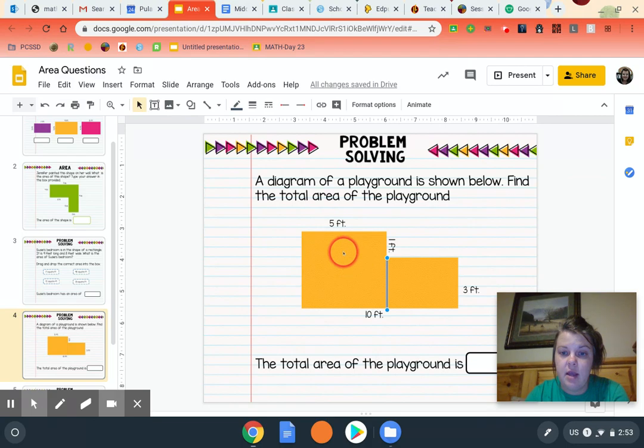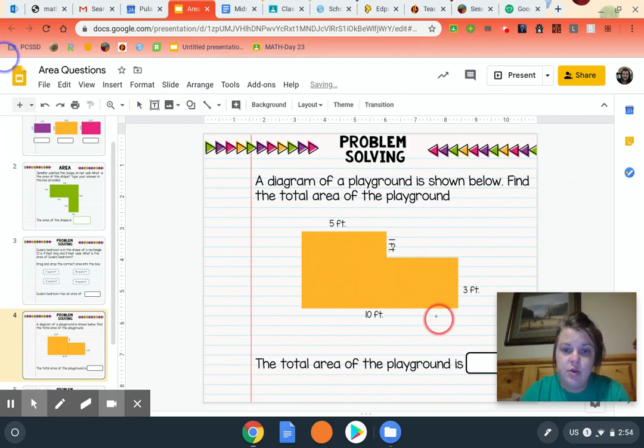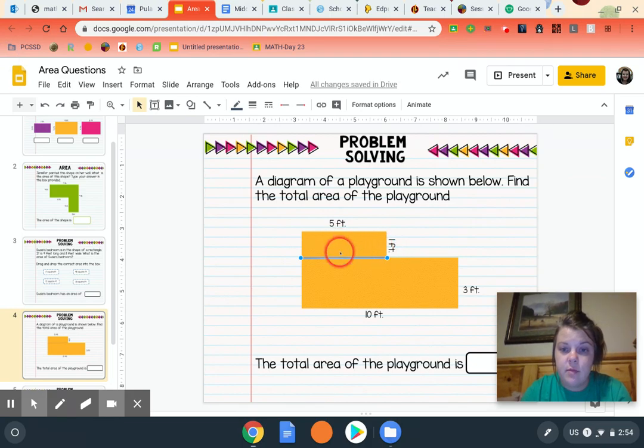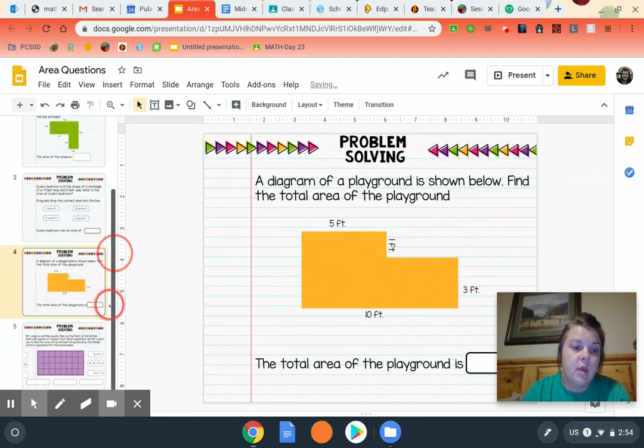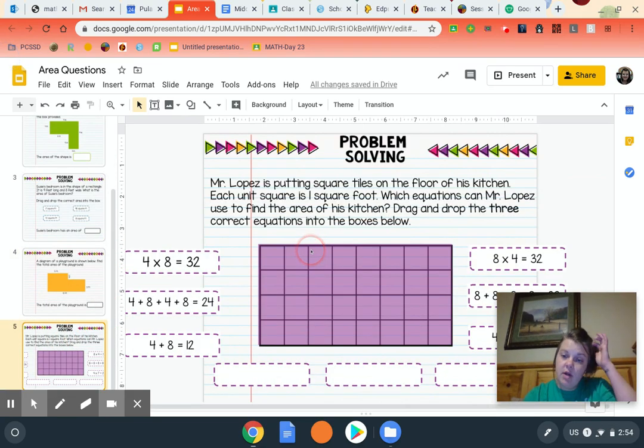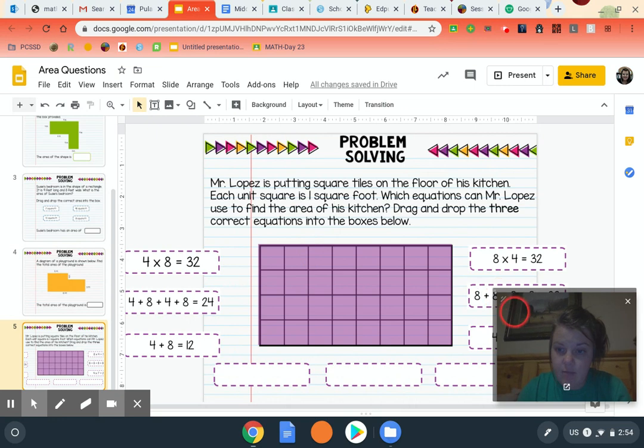That'd be rectangle A. And then the rectangle B would be, if this whole thing is 10 minus the 5, this would be 5 times 3. It might be better to split it right here. And you have a 5 times 1. And then a 3 take away 1. And a 2 times 10. And add those together. Okay. And then slide 5, we're going to do some problems like this on the live math.